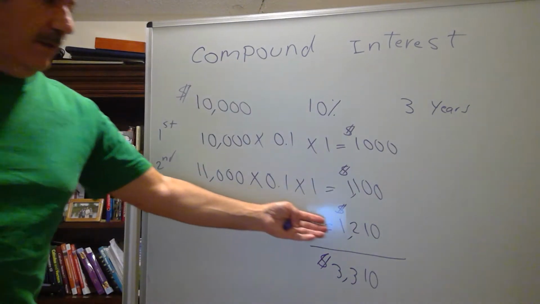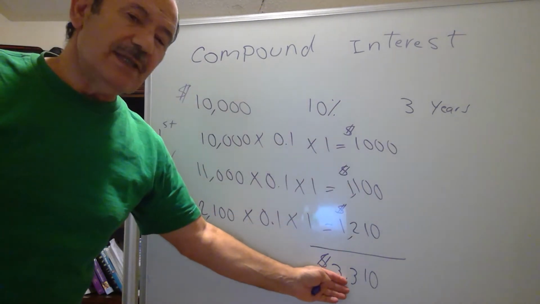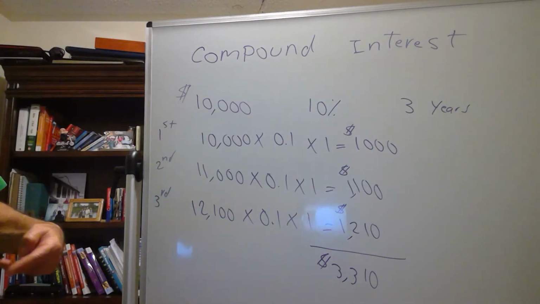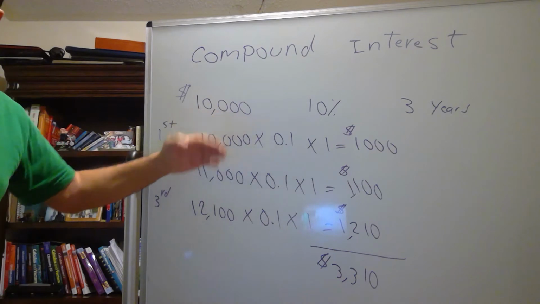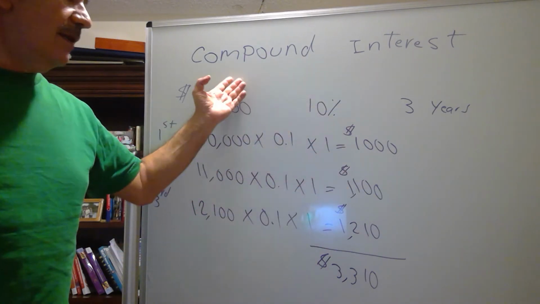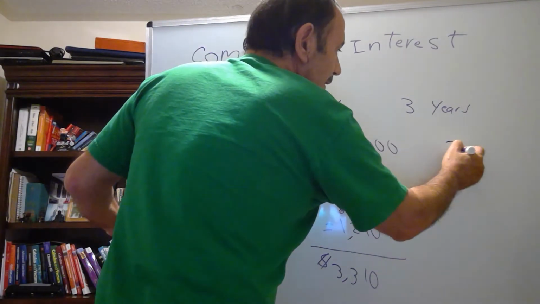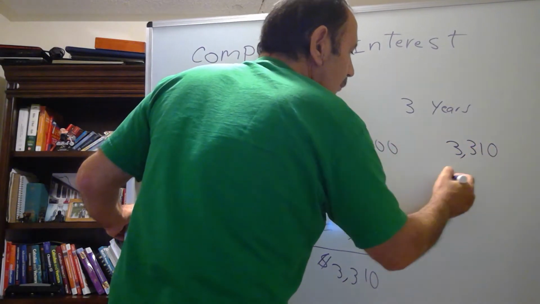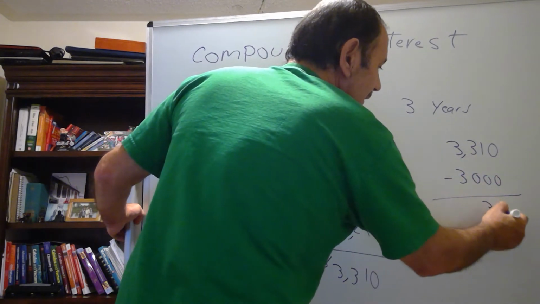1,210 plus 1,100 plus 1,000 is $3,310. This is the interest that I received in compound interest annually. Compare it with the $3,000 with simple interest. $3,310 minus $3,000 is $310.